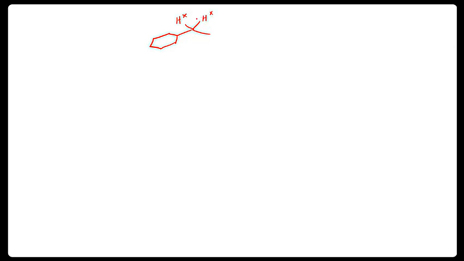These two are equivalent, so we have designated them both as HX, and this is HA, and we have two methyl protons. From a simple calculation, the multiplicity of this HA, as the nearest number of protons is 2, will be a triplet. Now, as we are learning, we'll try to explain why it comes as a triplet.